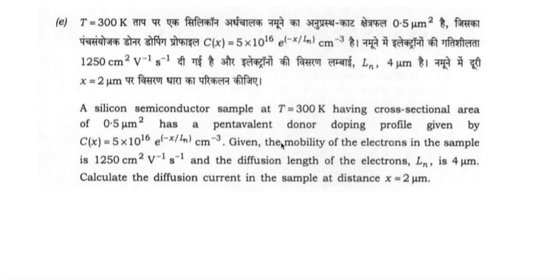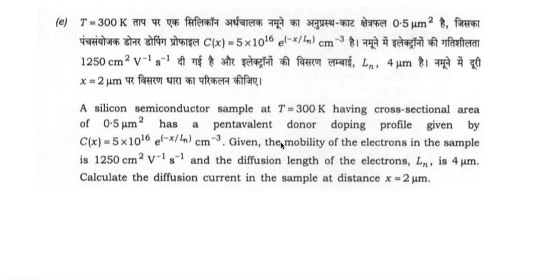Given the mobility of electrons in the sample is 1250 centimeter square V inverse S inverse and the diffusion length of electron L is equal to 4 micrometer, calculate the diffusion current in the sample at a distance x equal to 2 micrometer. Now this question looks very tough, but it's not that tough.